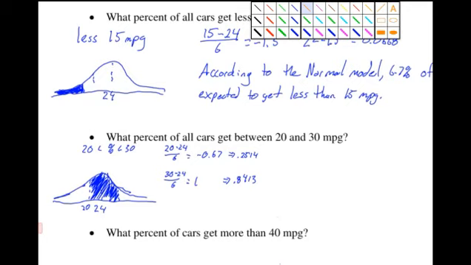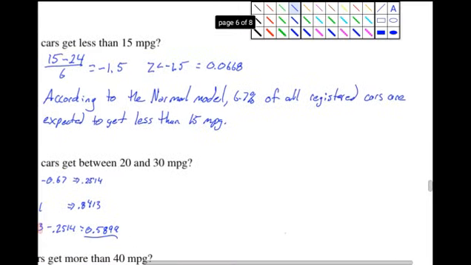So this will be 0.8413 minus 0.2514, which gives us 0.5899. And now we're ready to write our answer up according to the normal model.